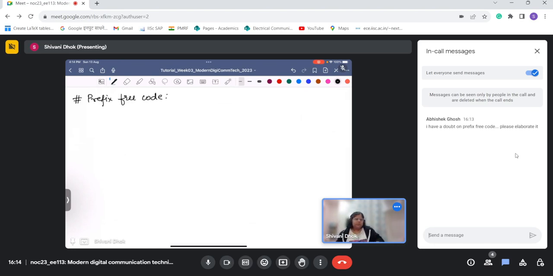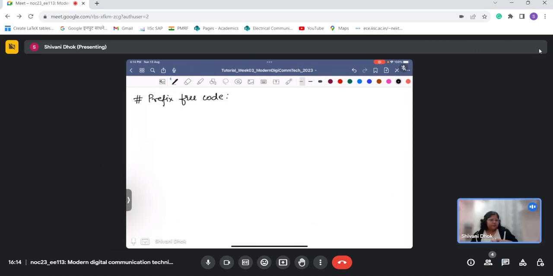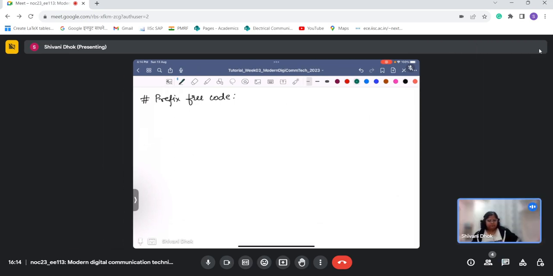Okay, so let me start with it in a simple way. Let's say I am having a string 10101111. This is a binary string. This is not a code, just a string. So what does a prefix mean? Anything before a given part is known as a prefix.